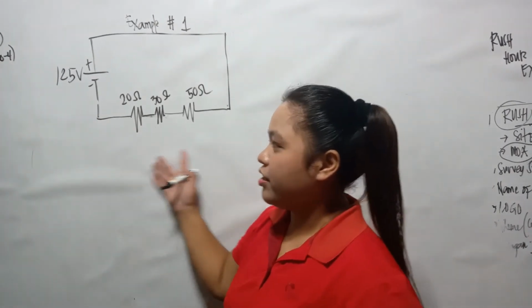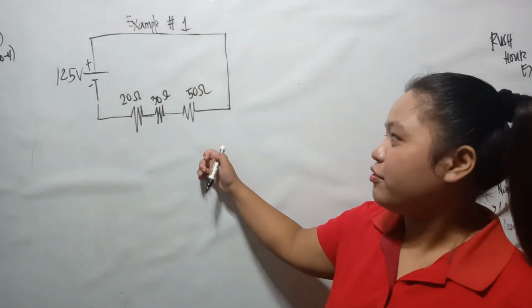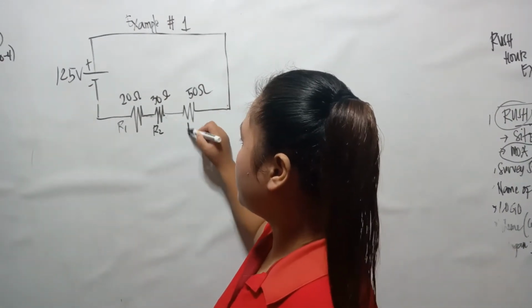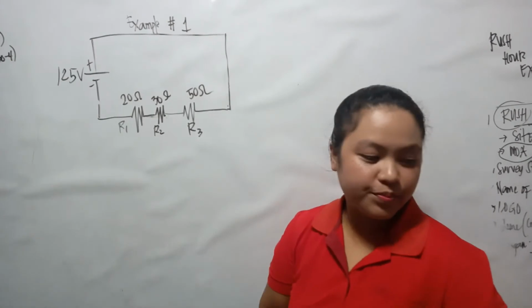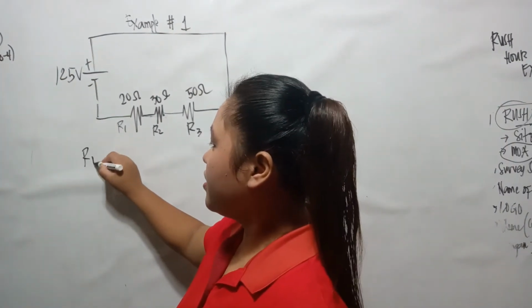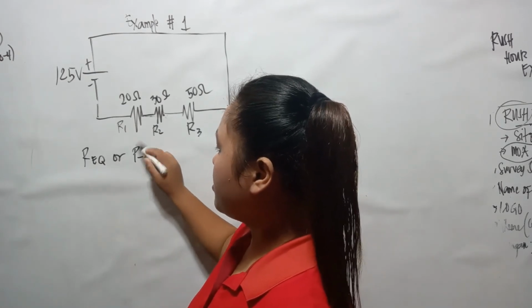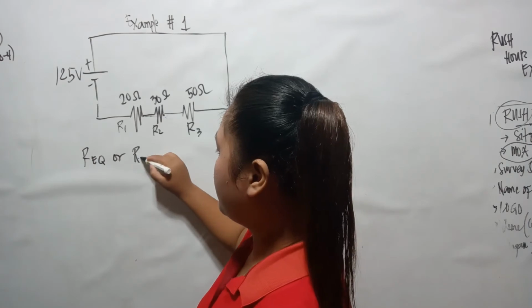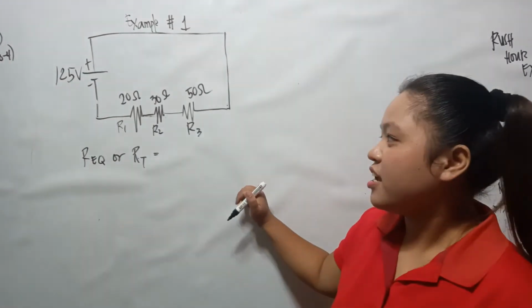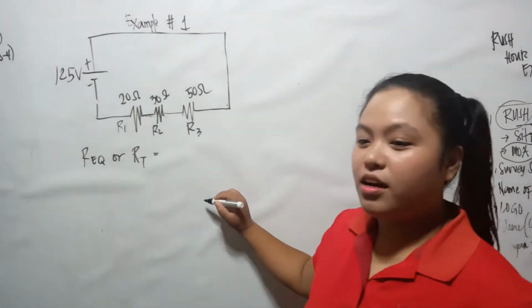So for our first example, we have here 125 volts, the voltage source. We also have here 3 resistors: 20 ohms, 30 ohms, and 50 ohms. Let's say this is R1, this is R2, and this is R3. So what we're going to find is the REQ, or R total. For series circuits, we just have to sum all the resistances.